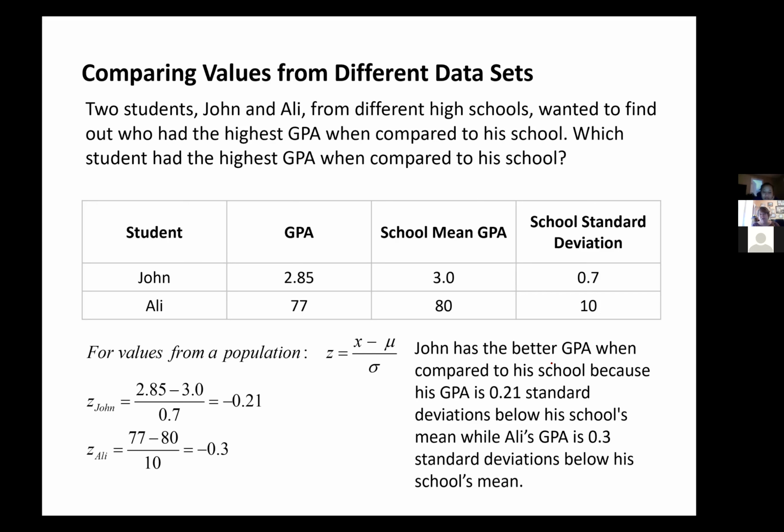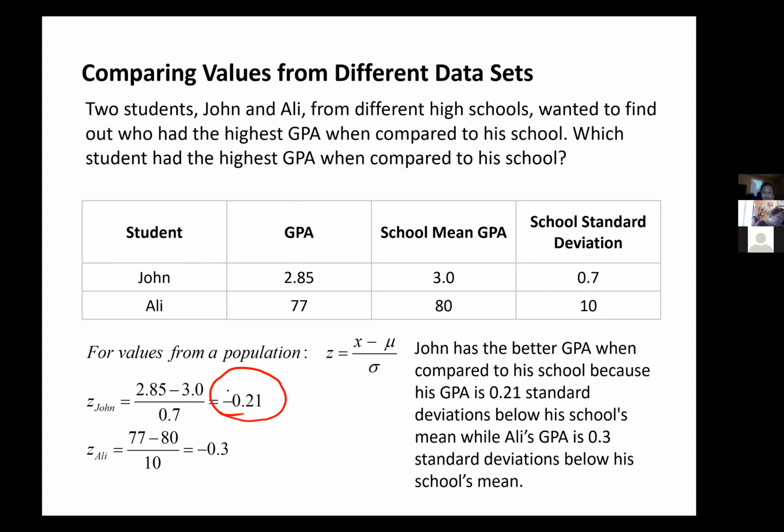To find the z-score for John, we take his GPA, 2.85, subtract the mean GPA of his school, 3, and divide by 0.7, the standard deviation of his school. So John's z-score is minus 0.21, which means his GPA is 0.21 standard deviations below the mean.